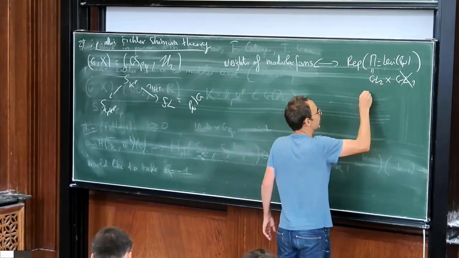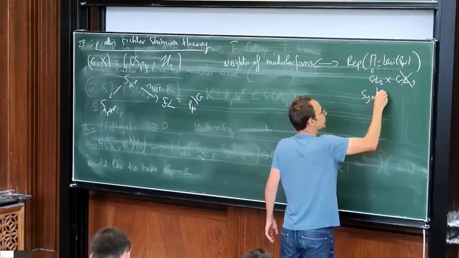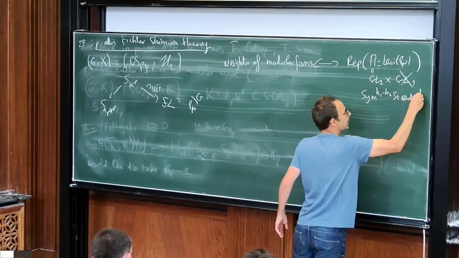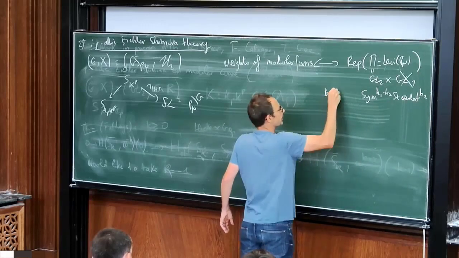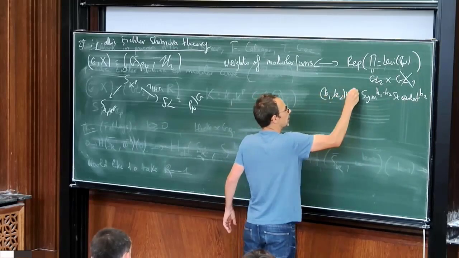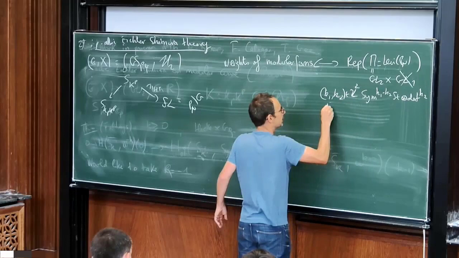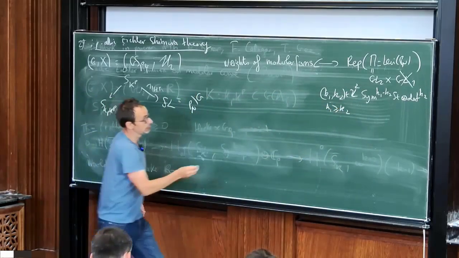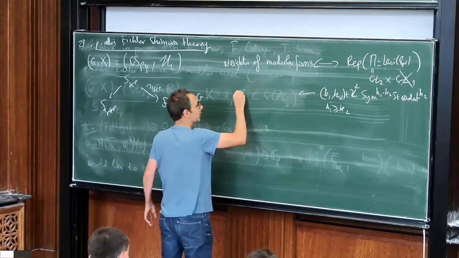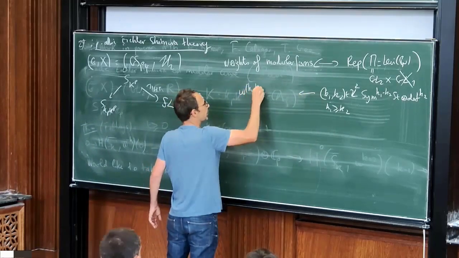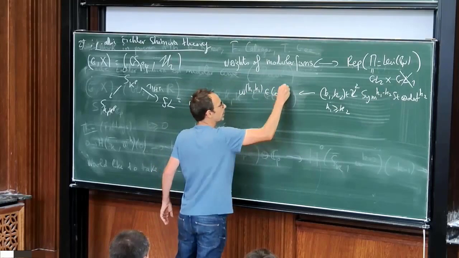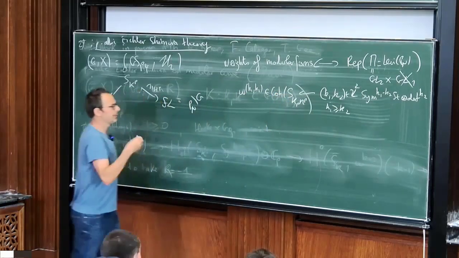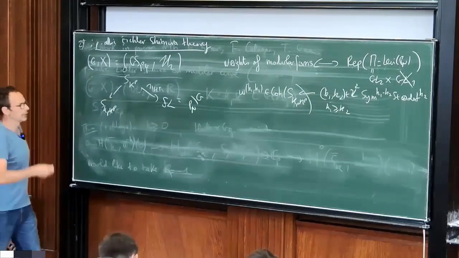And so a representation you can write as Sym^(k1-k2) of the standard tensor det^k2, where k1 and k2 are in Z, and k1 is bigger than k2. So that's an irreducible representation of GL2, and so you get some automorphic vector bundle omega^(k1,k2) at each finite level.